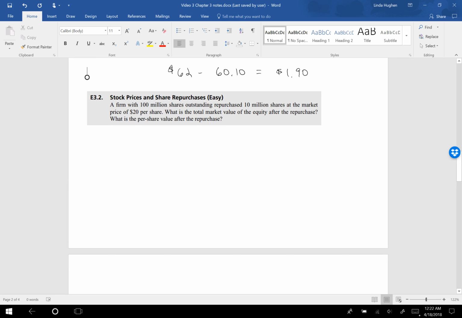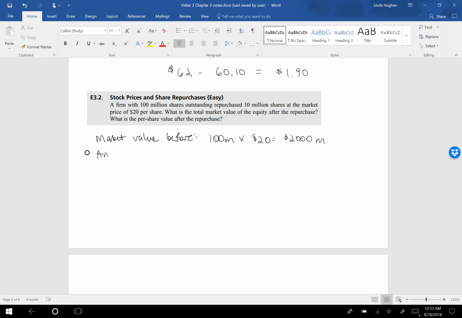Give myself a little more room to work here. All right, so the market value before the repurchase is simply the 100 million shares times $20 per share, 2,000 million.